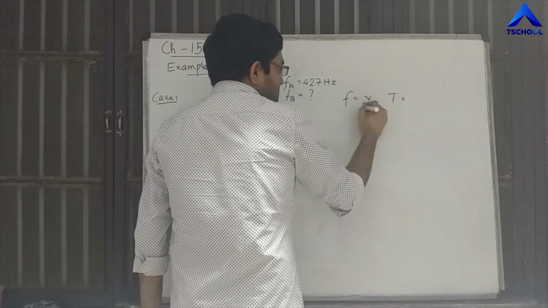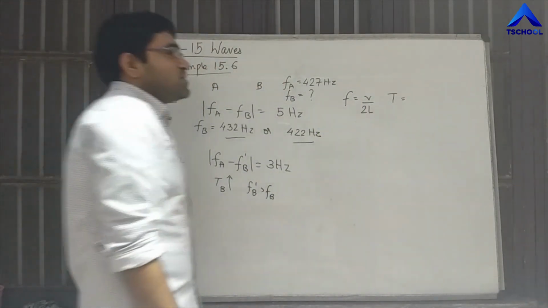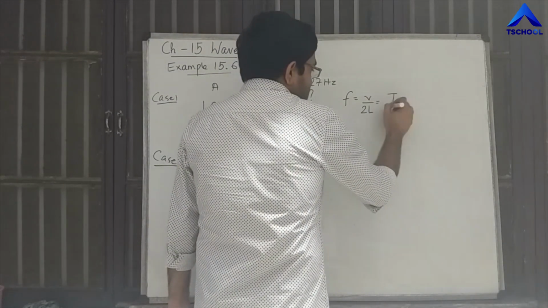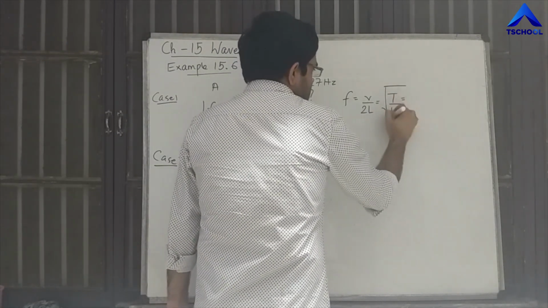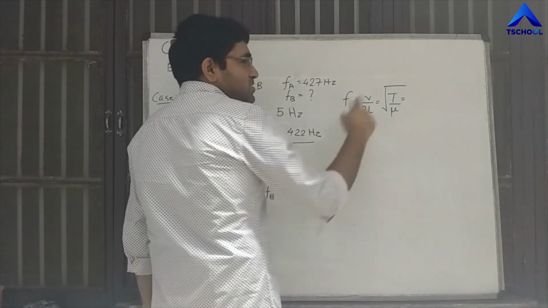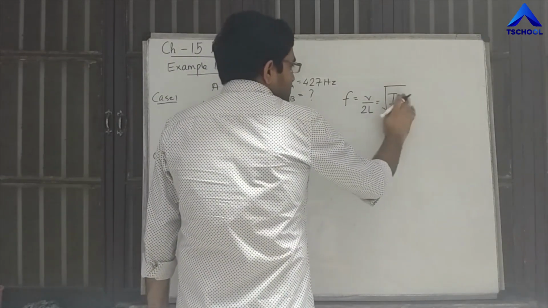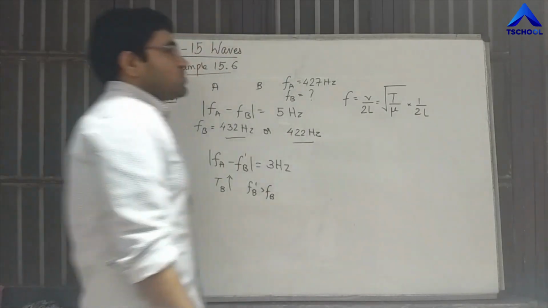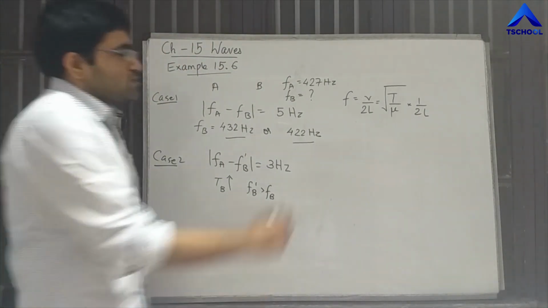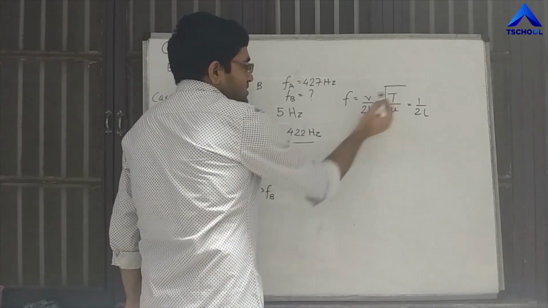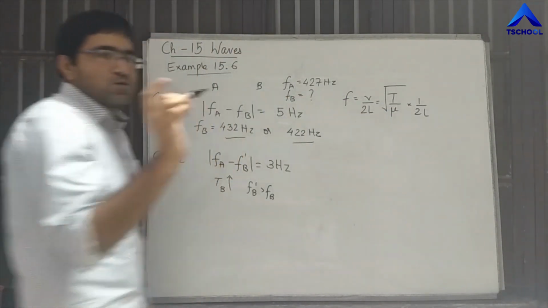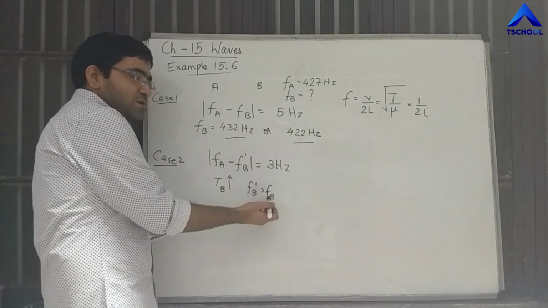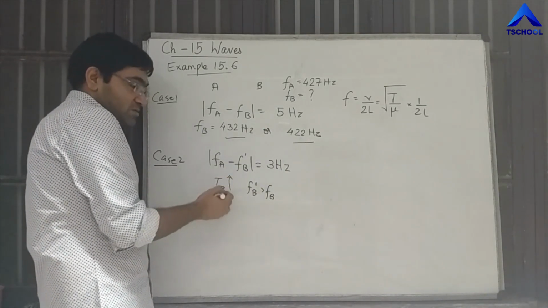The fundamental frequency of a string is F equals V by 2L, and V for a string is root of T by mu. So this ultimately becomes root of T by mu into 1 by 2L. You can see that if tension increases, the frequency of the string also increases. That would mean FB dash is greater than FB because we are increasing the tension.